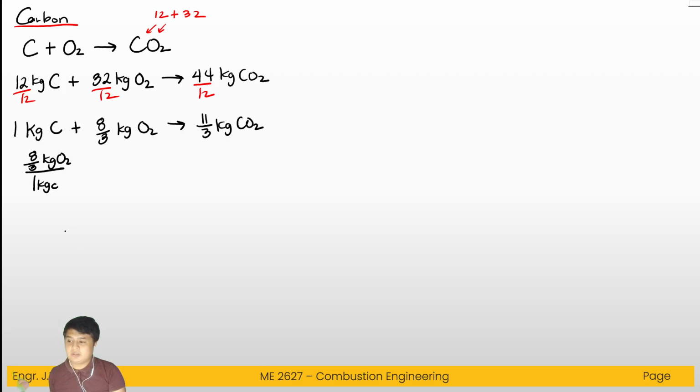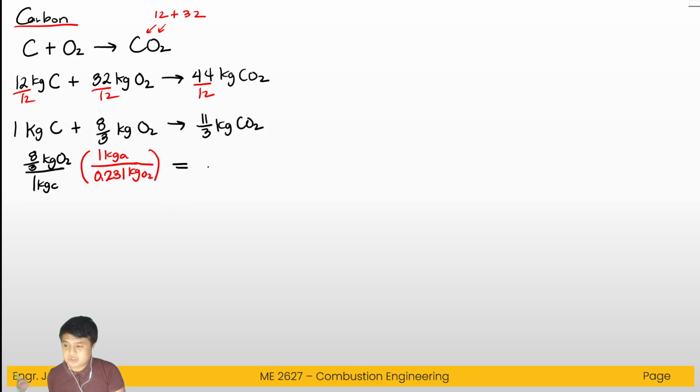We can rewrite this in terms of the air. We know that 1 kilogram of air has 23.1% of oxygen, so 0.231 kilogram of oxygen, if you can remember the mass basis of air.